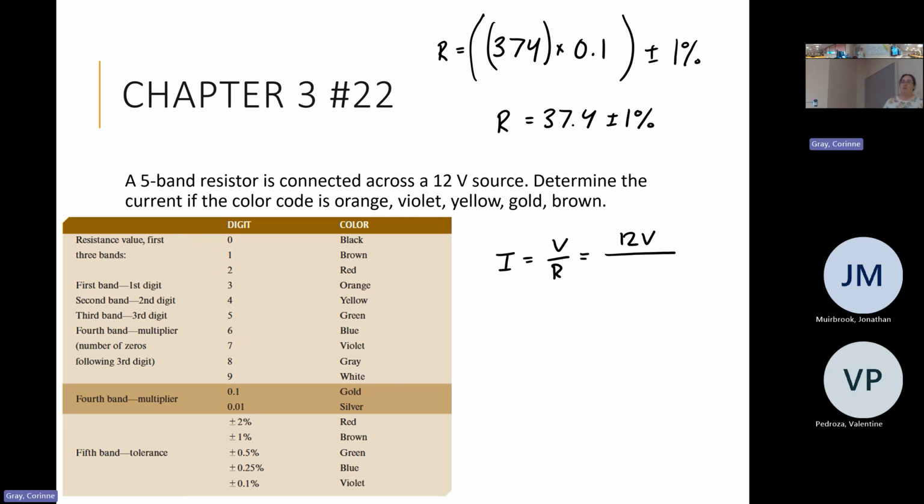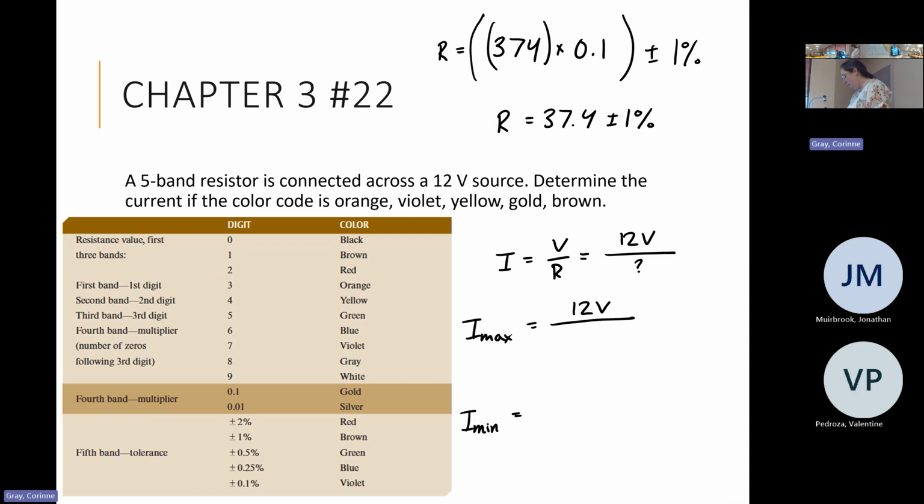Yep. So if I want to get the range of the possible current values, to go through and do that, I'm going to have an I max, and I'm going to have an I min. I'm going to have 12 volts divided by. So there's a couple different ways that you might be more interested in plugging this in.